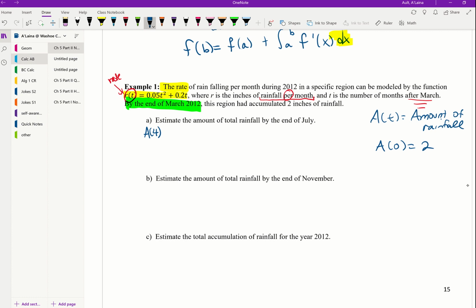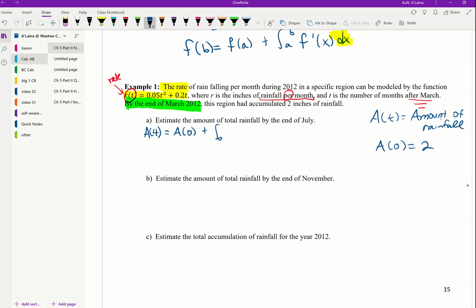Well, we can use the accumulation formula if we recognize that this A of 4 is like F of B. It's our ending amount. Well, we would need to have some other known amount, which they gave me, A of 0, plus the definite integral.